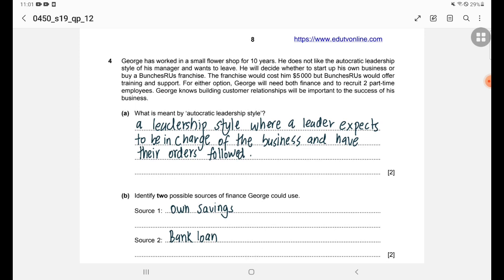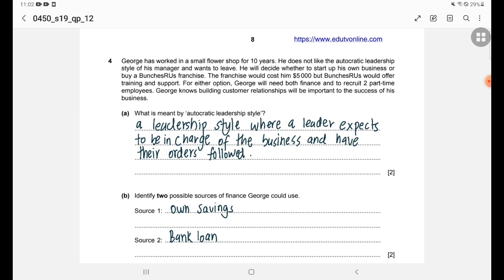So first question is pretty much similar to the previous one. We have to define. So autocratic leadership, I believe many of you should define this by heart. It's not hard. So it's a leadership style where a leader expects to be in charge of the business and have their orders followed. Okay. So if you were to write manager takes decision without consulting employees, it's also fine.